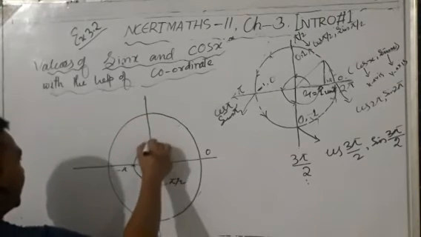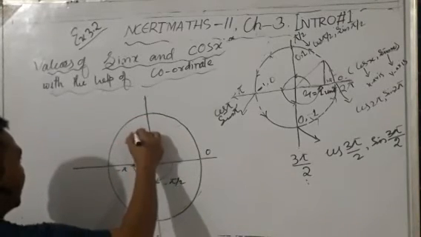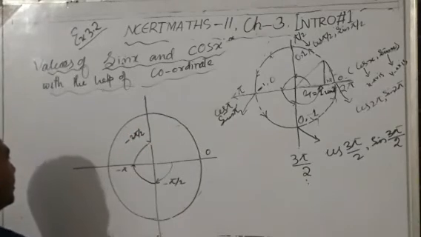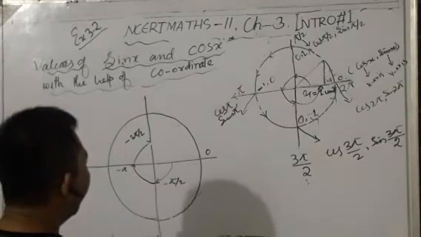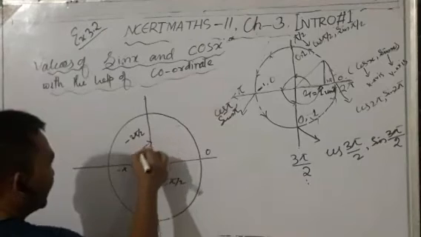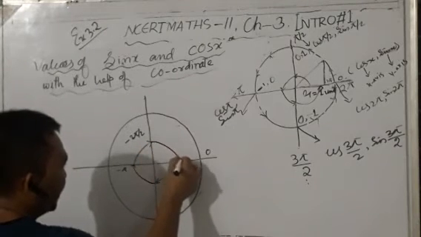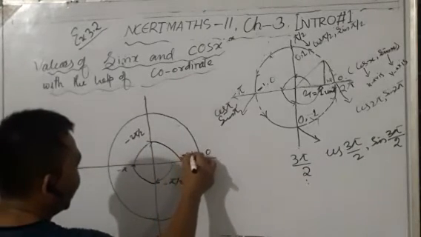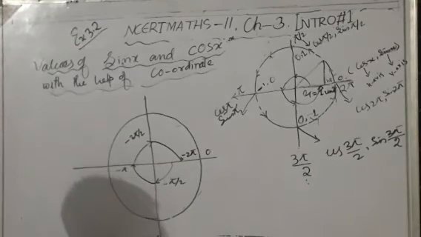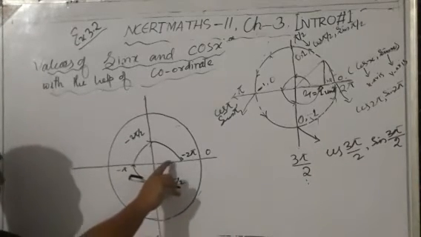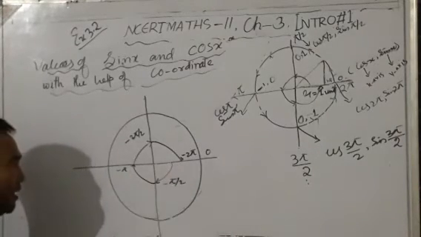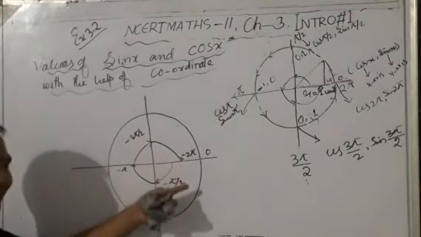So up to here it is minus 3 pi by 2, and then again up to here it is minus 2 pi, a complete rotation along the clockwise direction.